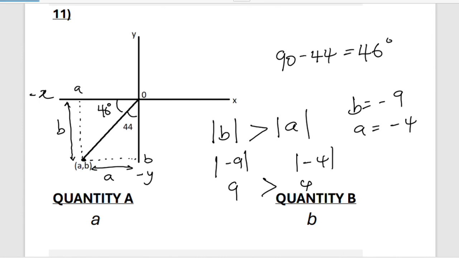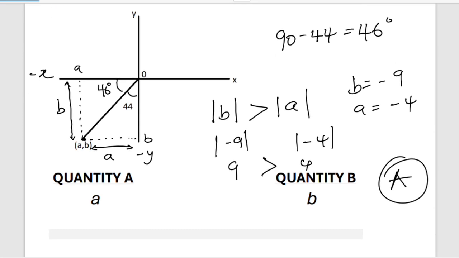But in real terms, A is greater than B because the greater the negative number, the smaller the actual value. So the answer to this question is A. A is greater. Don't make the mistake of thinking that B is, because this is just the magnitude of B. They are all negative numbers.